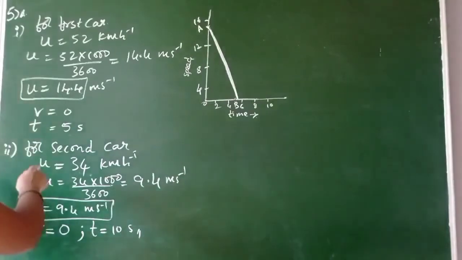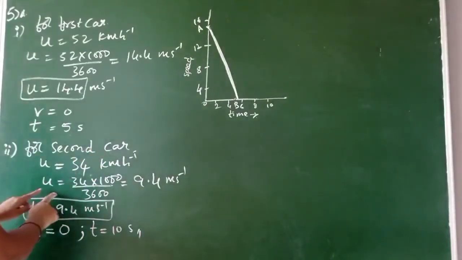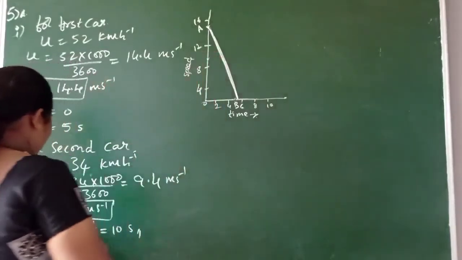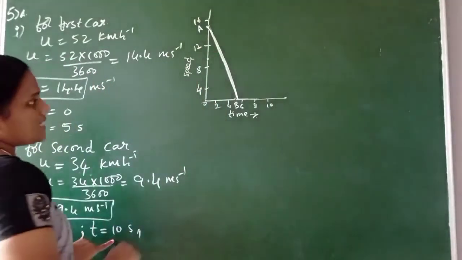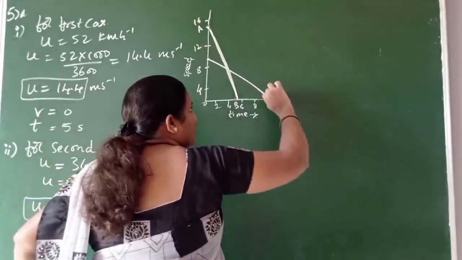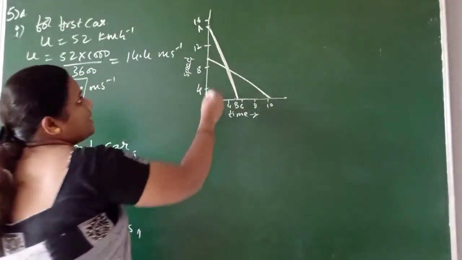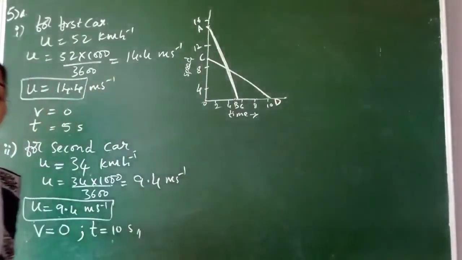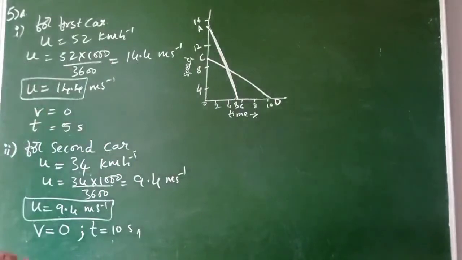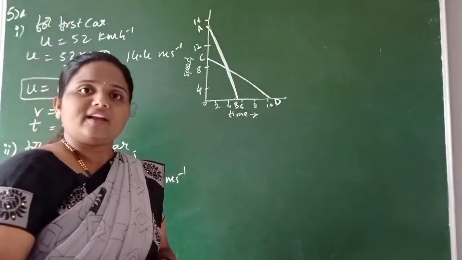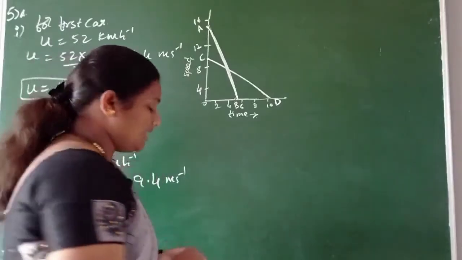Next, for the second car, what is its speed? 9.4. Somewhere here you will get. And what is its time? 10. So you may get another triangle in this way. Let us name this as OCD. For this we need to calculate the distance travelled by the two cars, and also we have to find which one is moving fast, isn't it?